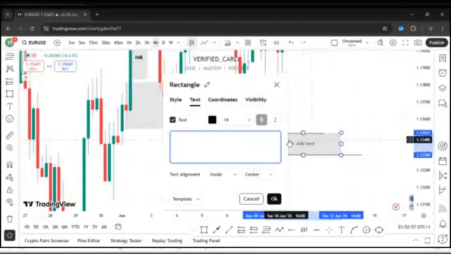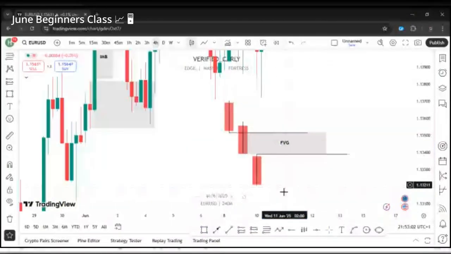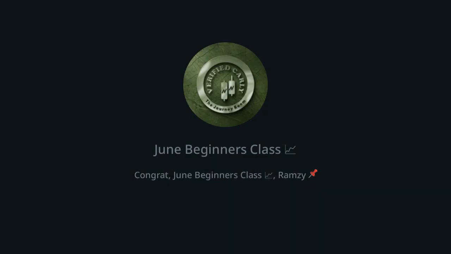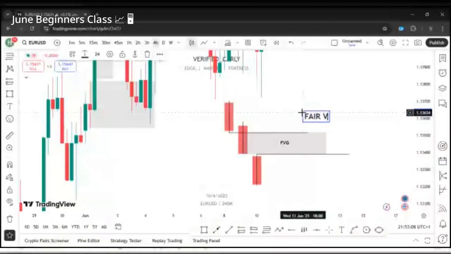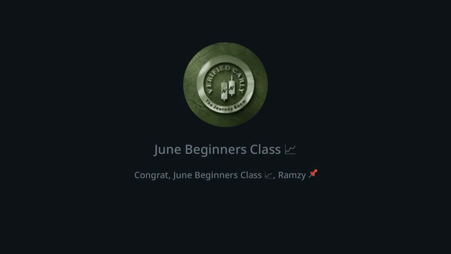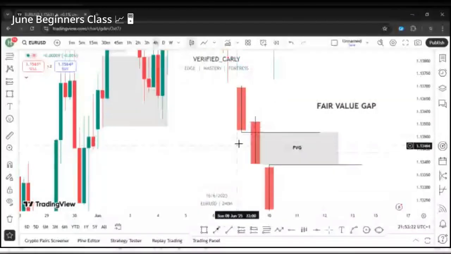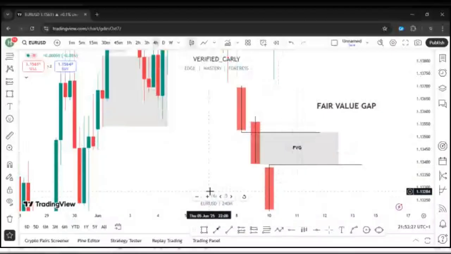So FVG is the abbreviation, while the long name for it is fair value gap. If you see a three candle formation like this with a space in the middle, this is what we call a fair value gap as an SMC trader.